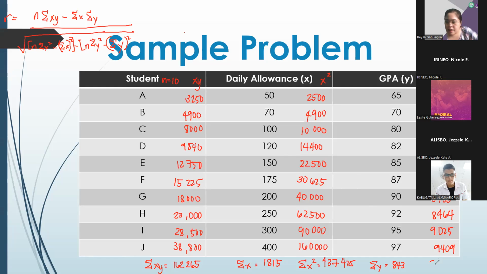So, let's get the summation of y squared also. So we have 4,225, 4,900, 6,724, 7,225, 7,569, 8,100, 8,464, 9,025, and 9,409.